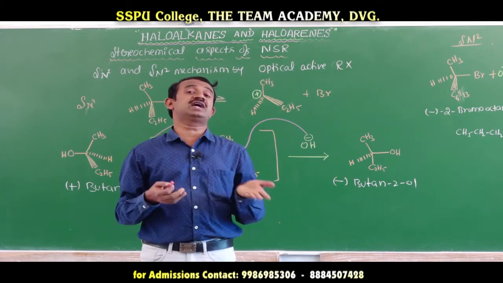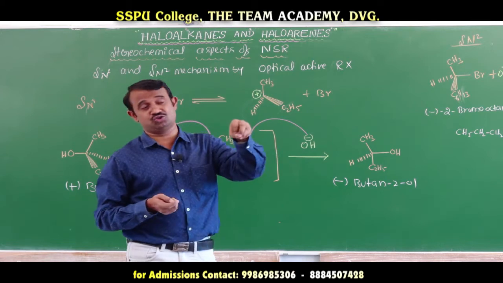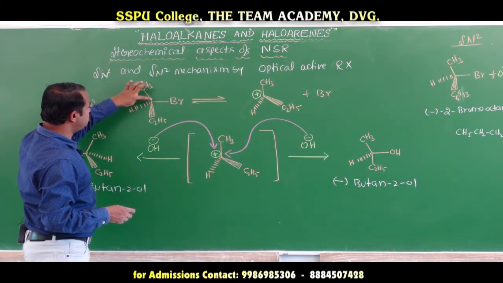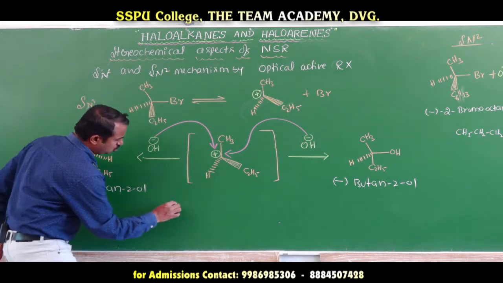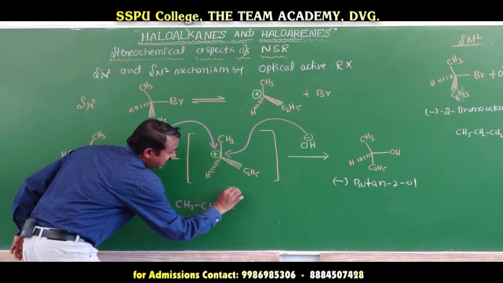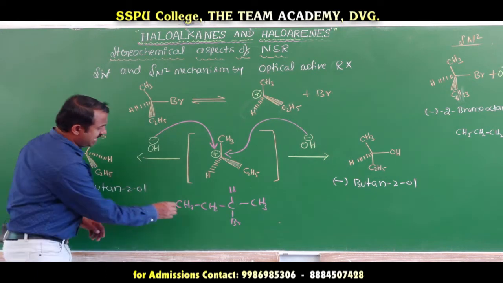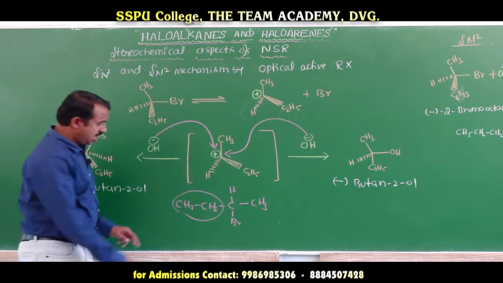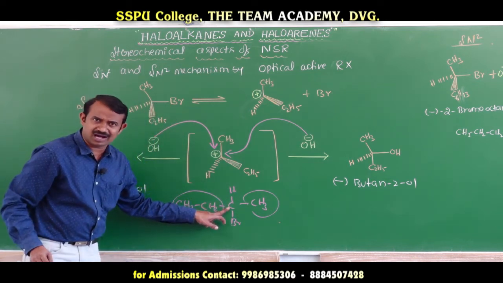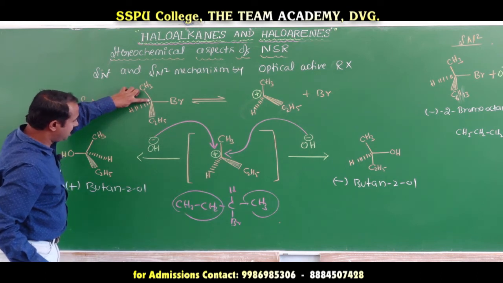Here I will take a four-carbon compound, 1, 2, 3, 4: CH3, CH2, CHBr, CH3. That is, C2H5 and CH3, with one Br and H. This is the chiral carbon or stereocenter, the second carbon.